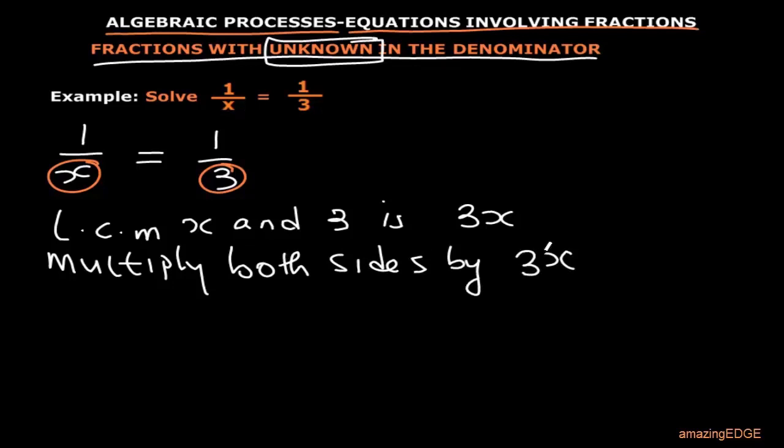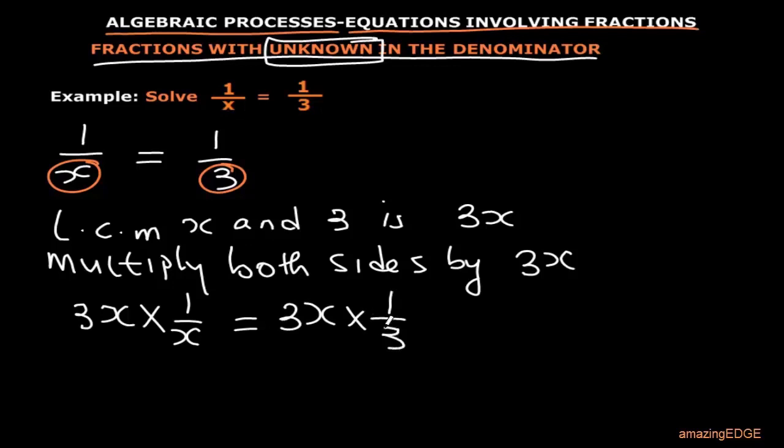So you have 3x times the first expression, which is 1 over x. Then on the right hand side, the same thing happens: 3x times 1 over 3.